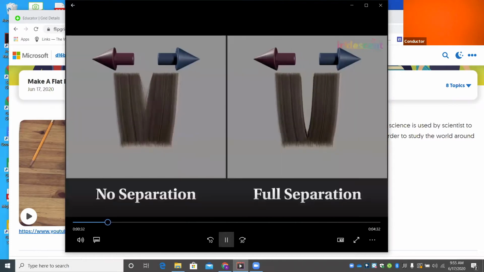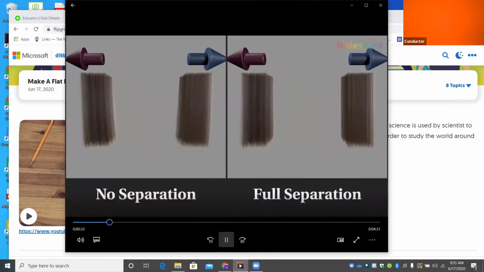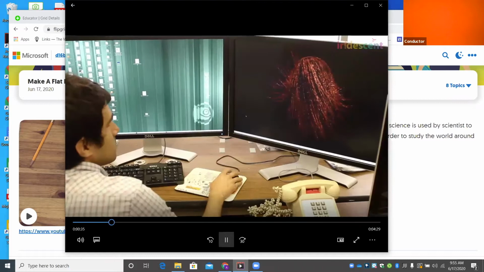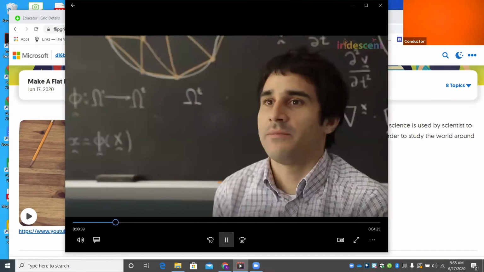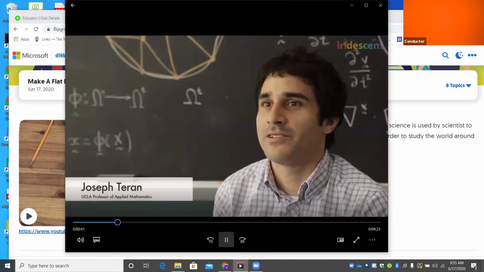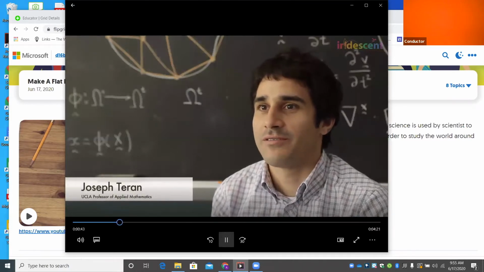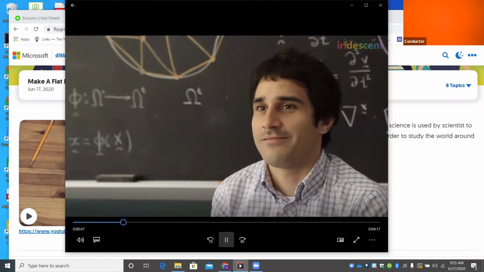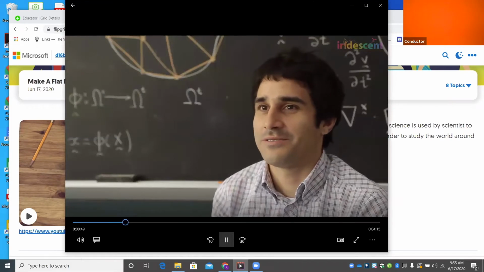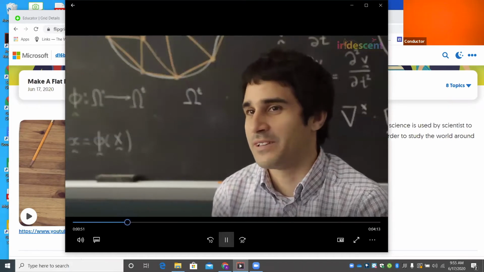But could you recreate our real and imperfect world on a computer? UCLA professor of applied mathematics, Joseph Teran, does just that. What really got me excited about math was that you could use the computer with math to make this digital model of the real world that was as realistic as the real world, at least visually.